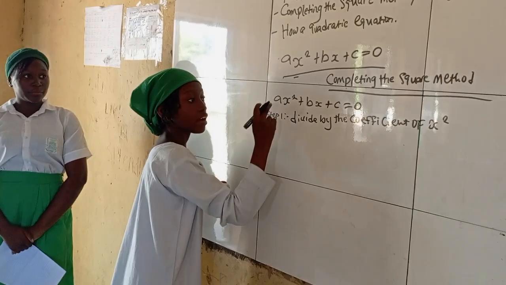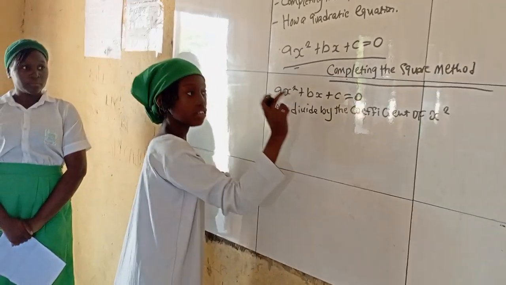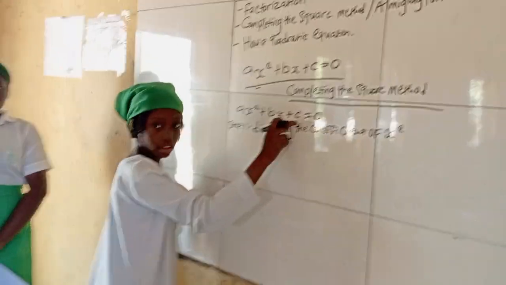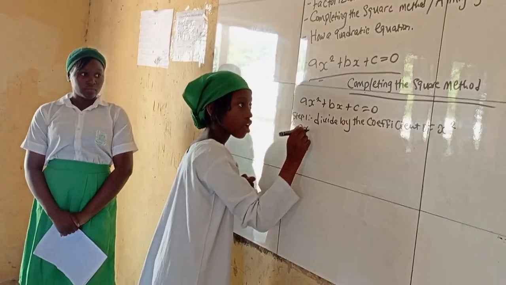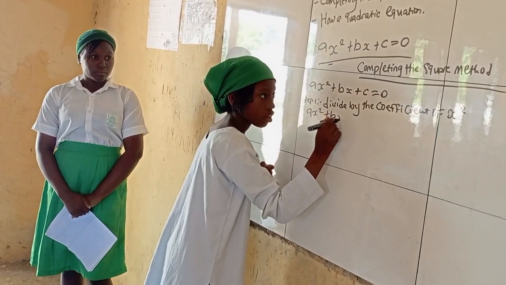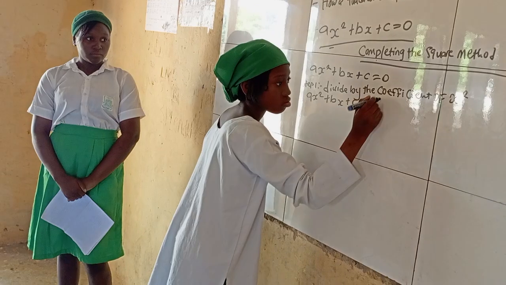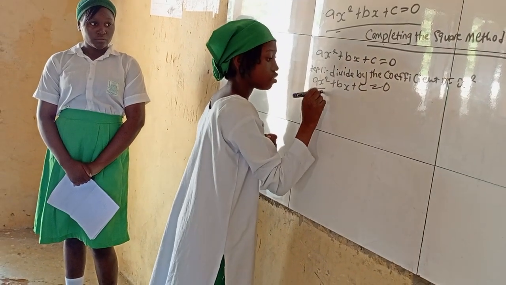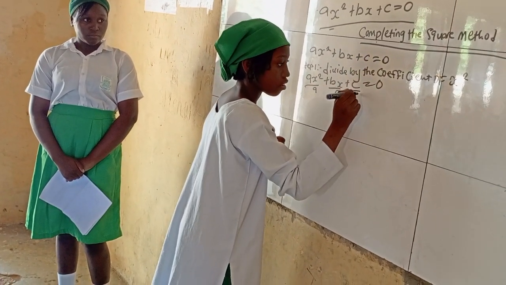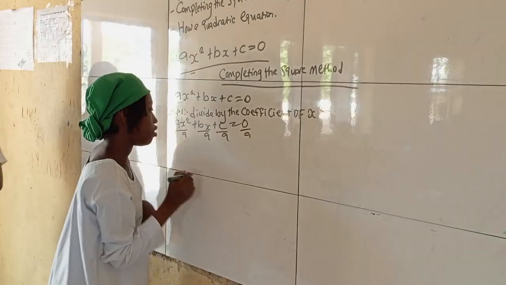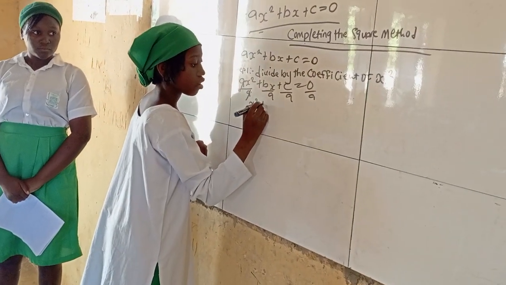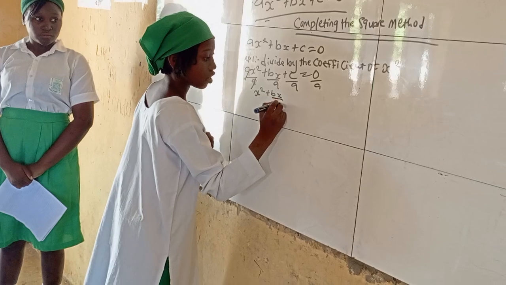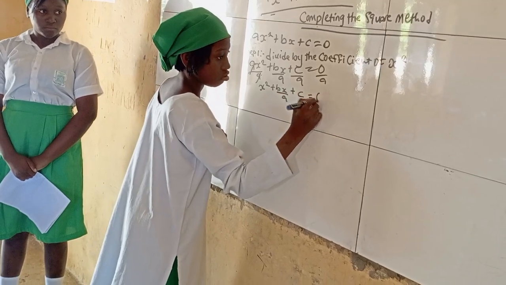So we divide this by a, this by a, and this by a, giving ax squared plus bx plus c equals 0. If you divide this by a, this by a, this by a, and this by a, this cancels this. We are left with x squared plus bx over a plus c over a equals 0.